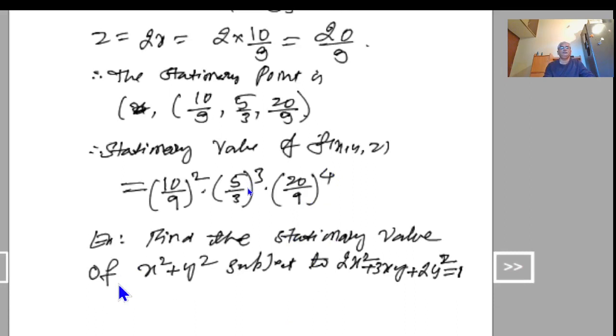Find the stationary value. f of xy is equal to x square plus y square and subject to the constraint. Here we have only two variables, right?